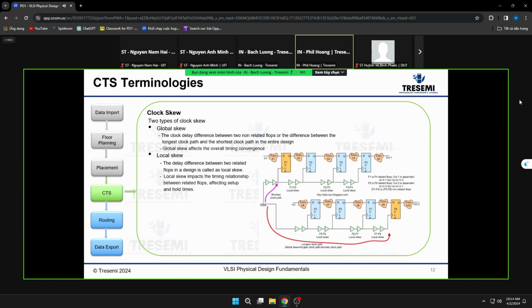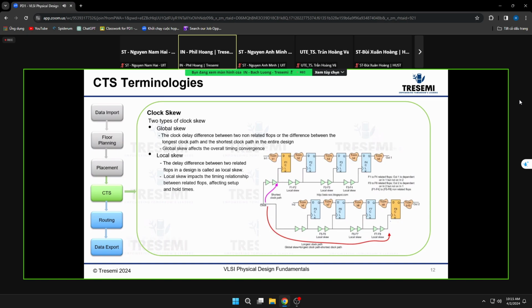Typically, when you do CTS, the tool will try to minimize the local skews, because that has an impact on timing. With 3 flops, you can have a very short tree and still have very good skews.